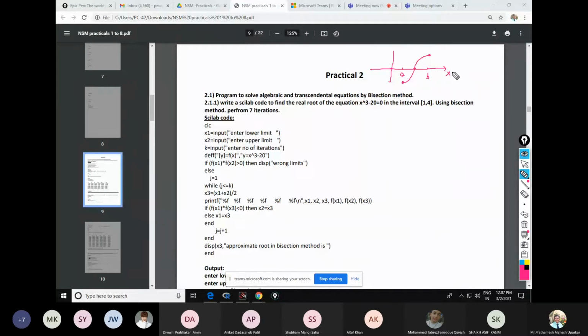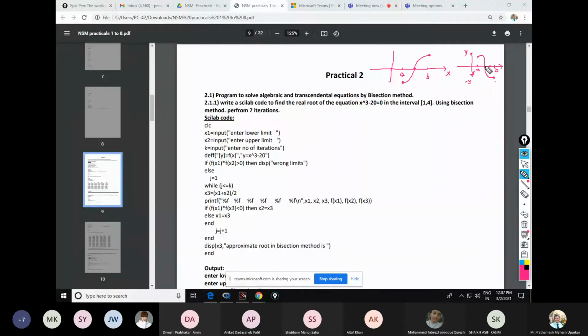Or if I have a function where at point A the value is positive, here the y-axis is positive, and at point B the function value is negative, towards the downside, can I say the same?